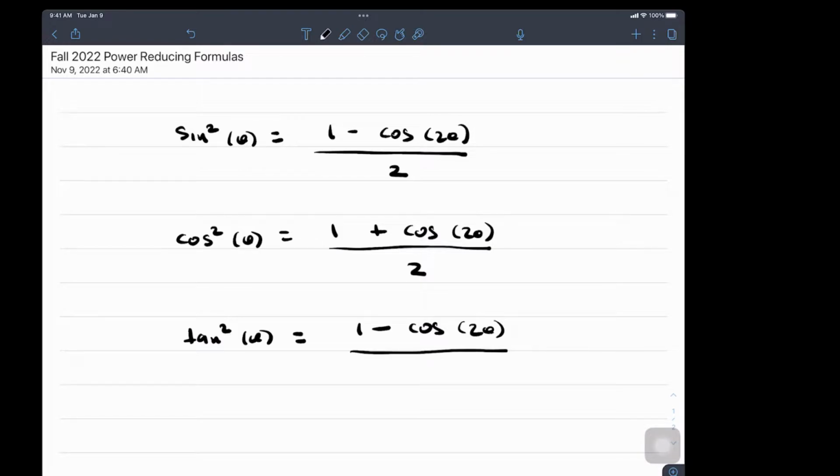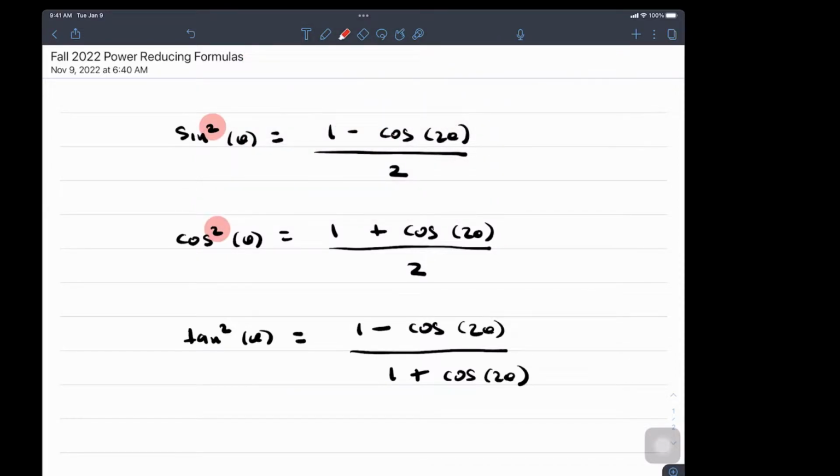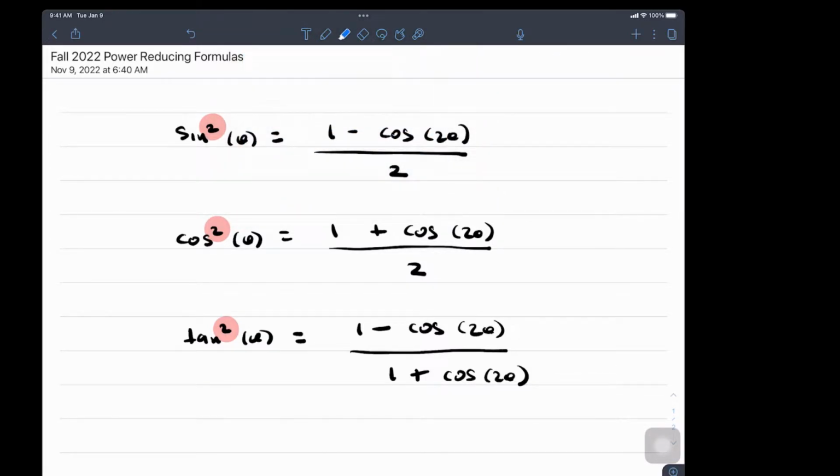We actually proved these this week. If you recall, these are also proven, so we derived these. That's in our notes. But the question becomes, how do you use these? I want to remark that on the left side you all have power 2. On the right side, you might ask, what's the power? You don't see a power. What does that mean?